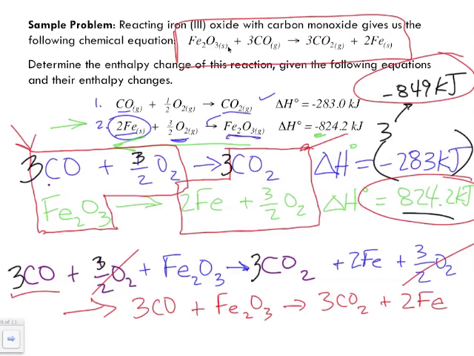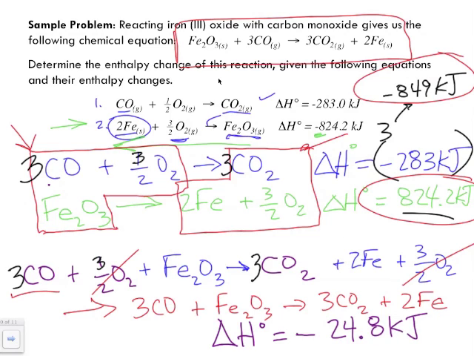When we add these two, minus 849 plus 824.2 kilojoules, we are going to get a value of minus 24.8 kilojoules.